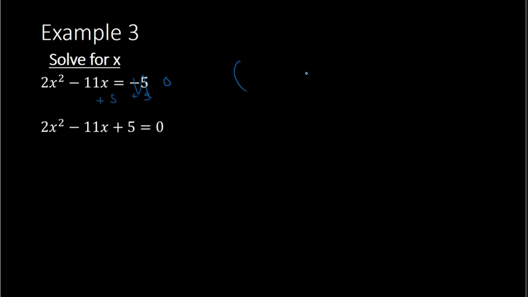Now to do that, we know that with a trinomial, we're going to have two binomials on the inside. So to get 2x squared, we would have 2x times x. So that takes care of the first term. And then to get 5, we need two numbers that multiply to get 5. And that could be 5 and 1.